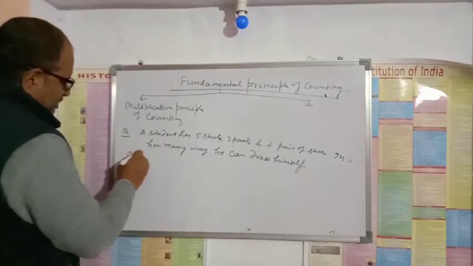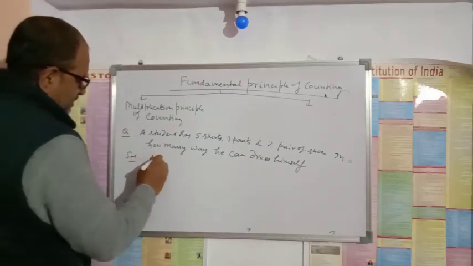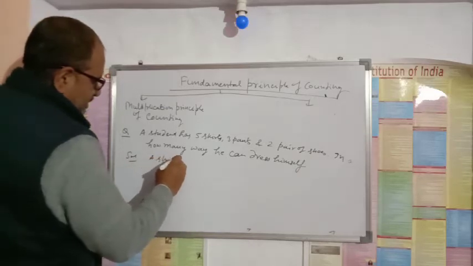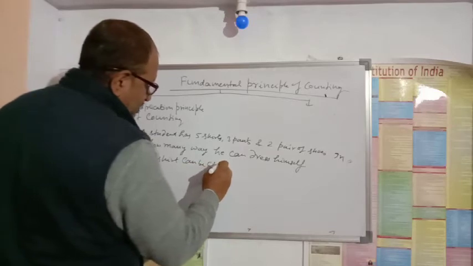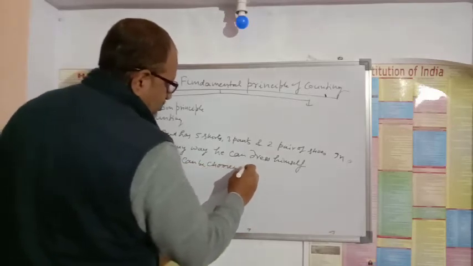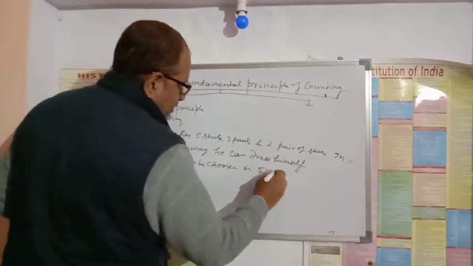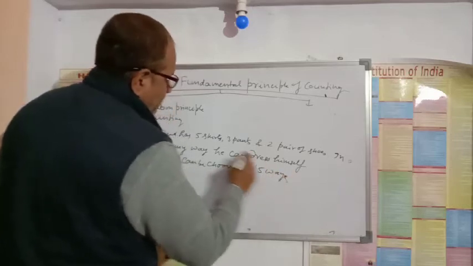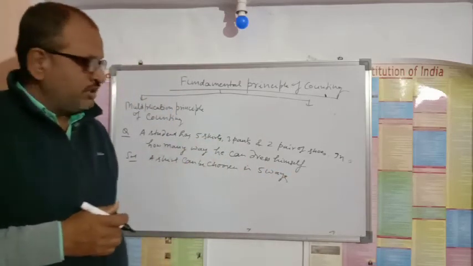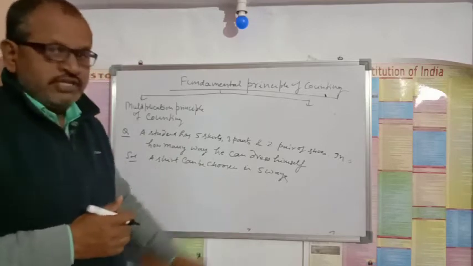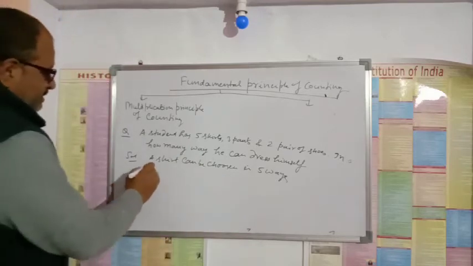So what will be solution? A shirt can be chosen in 5 ways. There are 5 shirts, 5 options are there, so any one shirt he can choose. So a shirt can be chosen in 5 ways.